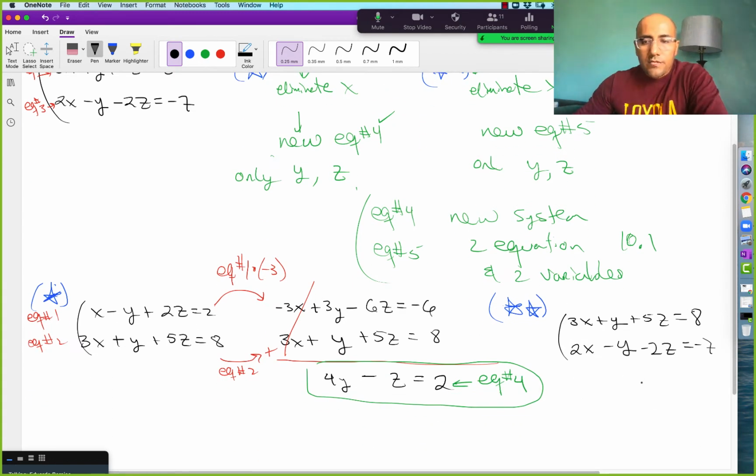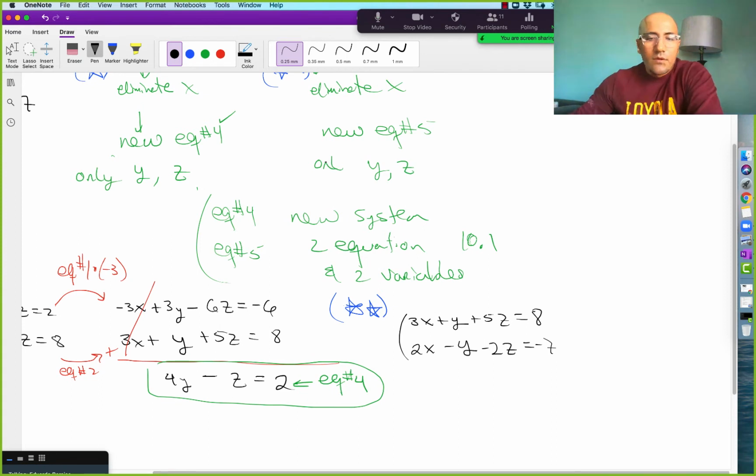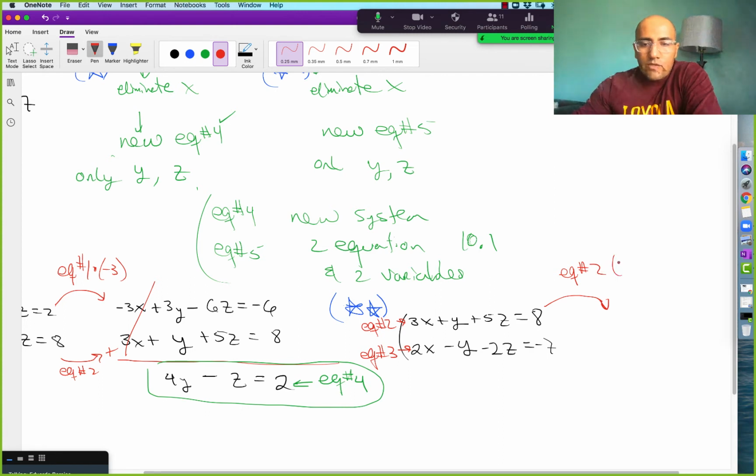So here's this system. Let's scoot over. If I want to cancel out the x, I need them to have additive inverses as their coefficients. And it looks like 6 is the least common multiple. So let's multiply equation number 2, which is this one, and equation number 3 was that one. I'm going to take equation number 2 and multiply it by negative 2, and then I want to take equation number 3 and multiply it by positive 3.